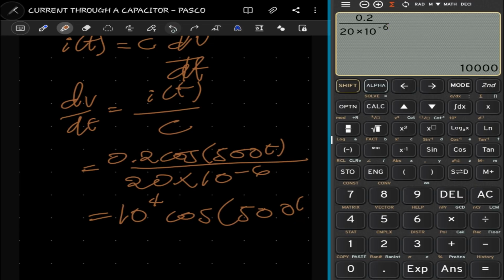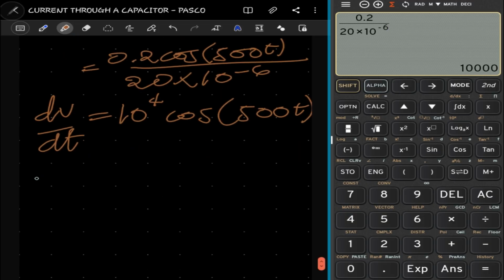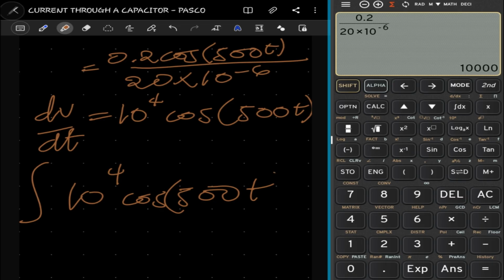Let's try this one. 500. All right, so this is the dV/dt. Let's pay attention to that, dV/dt, right? But we need the voltage, right? So that means we have to integrate this. So that's integrating 10 to the power 4 cos 500t.